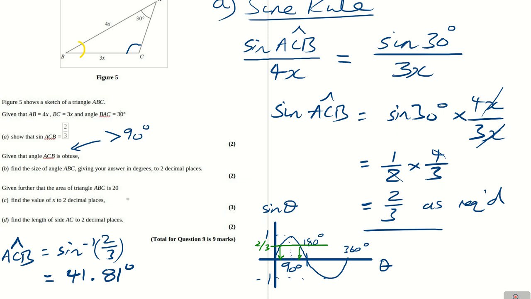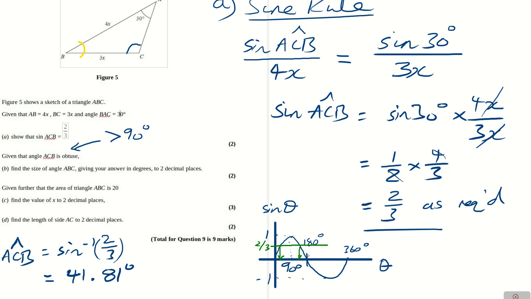Now, but remember though, our angle that we want is obtuse. So if you think about the graph of sine, remember we've got two angles here which both have a sine equal to 2/3.